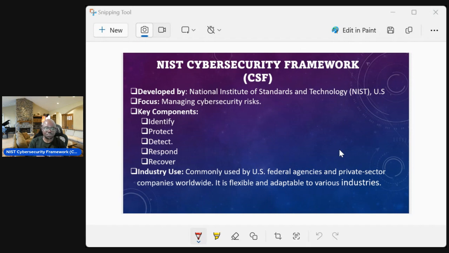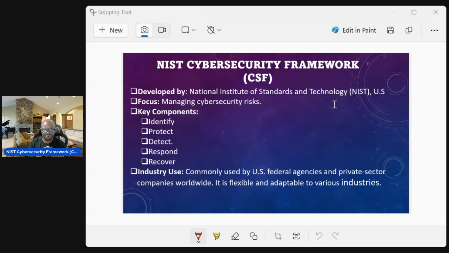The framework is built around 5 key functions, which represent the high-level activities essential to a well-rounded cybersecurity program. These functions guide organizations in managing their cybersecurity risk. Let's get started with the first component or function, which is called the identify component.